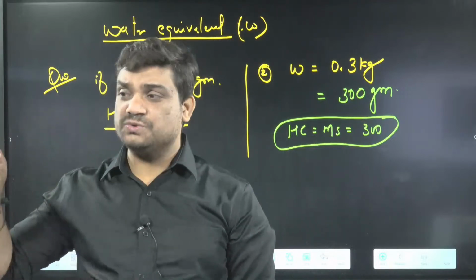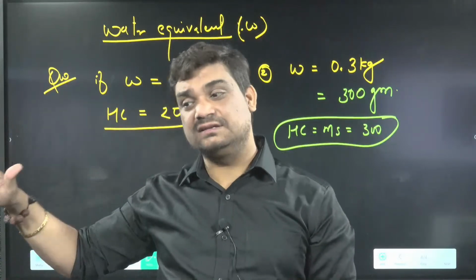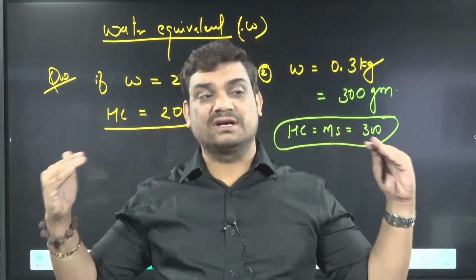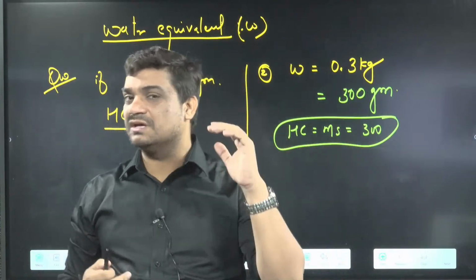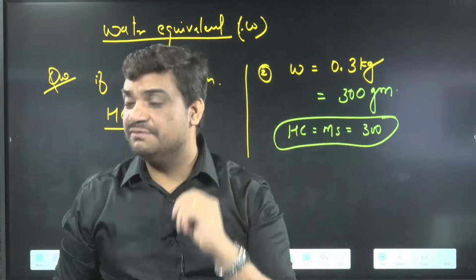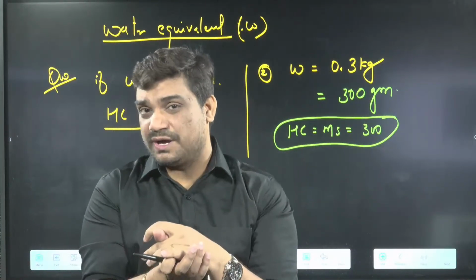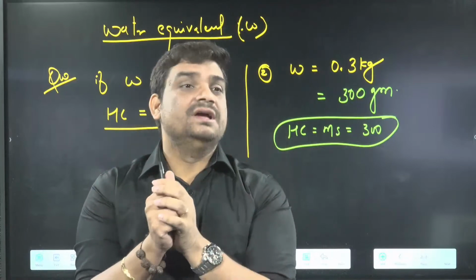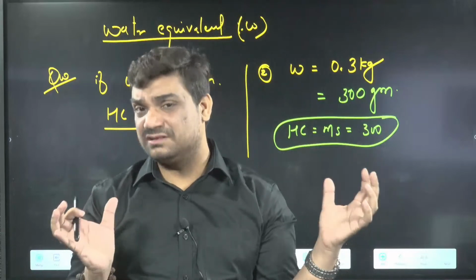In the previous questions, whatever we did in the last class, we never considered the container because I didn't give the container parameters. If they have given the container parameters, mass and specific heat, then only you can calculate the heat required. Because the container temperature will change from theta1 to theta2, we can say ms delta theta.